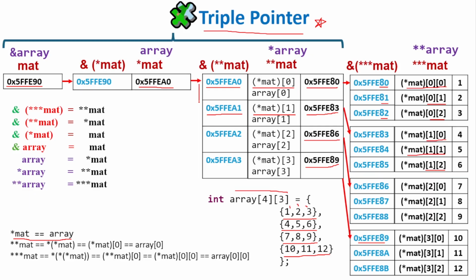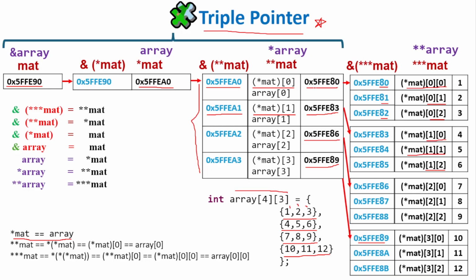The pointer *mate then points to the base addresses of each inner row array. In other words, *mate points to another pointer that holds the base addresses of the rows, and this makes mate a triple pointer. For example, the base address of the first row is 5FFE80.